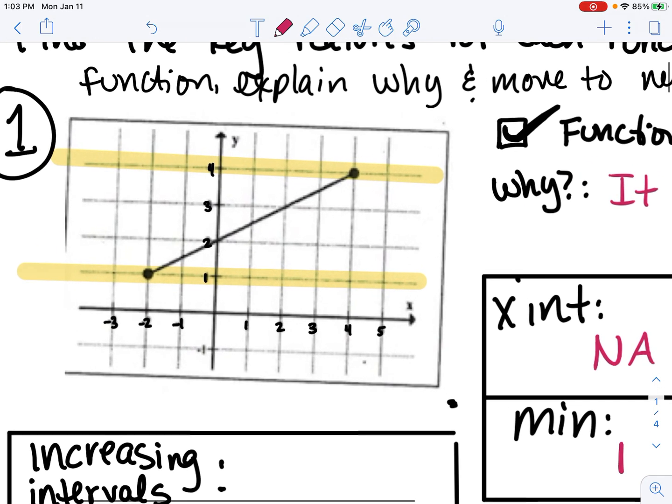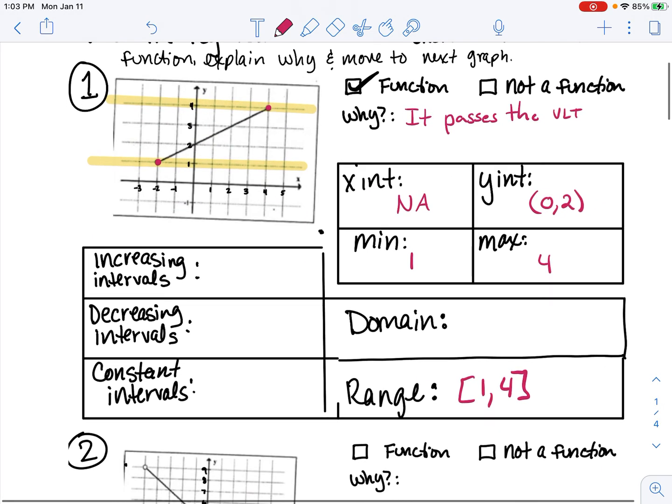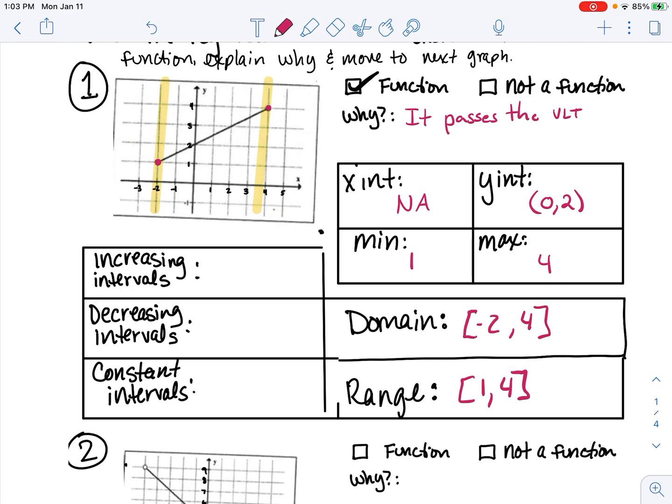Because these are solid dots, meaning they're completely filled in, I'm using brackets. The domain is going to be found left to right, and it goes from -2 to +4. So from -2 to +4. Once again, brackets.